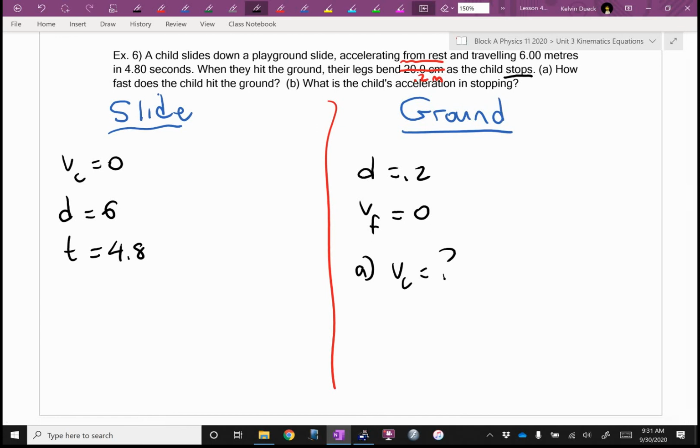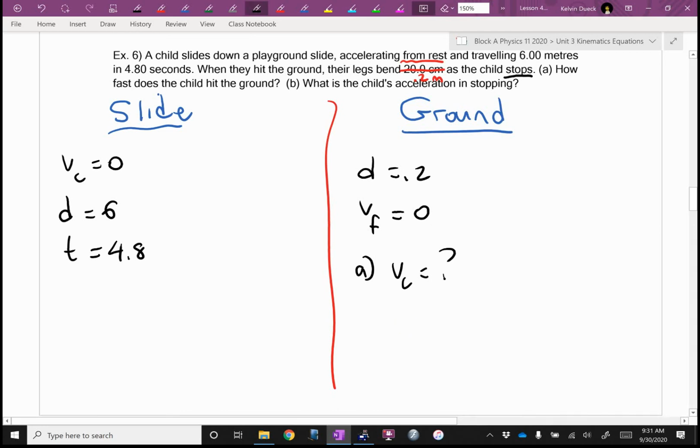Now, I want you to notice how many things I know on the slide side. It means I can find 5 things there. Danvir, you look like you have an idea. Oh, okay. So I thought that pencil was a... Can we see it? Is it time? You think it took them 4.8 seconds to come to a stop once they hit the ground?